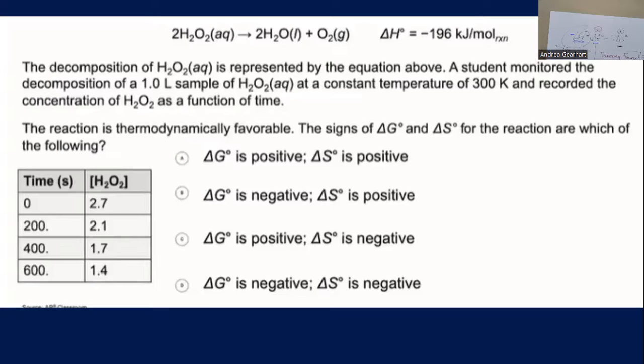We're going from aqueous, which isn't too bad, to liquid. Aqueous would definitely be more dispersion because that's dissolved in water. So we'd have two different substances, so we can have more microstates versus a pure liquid, but it's the production of the gas that definitely seals the deal. And so delta G is negative, delta S is positive.